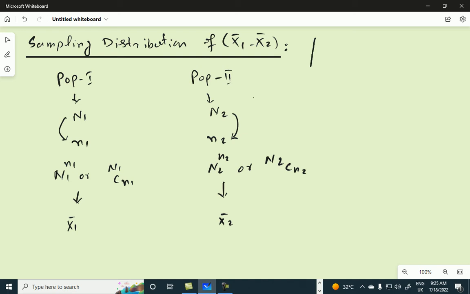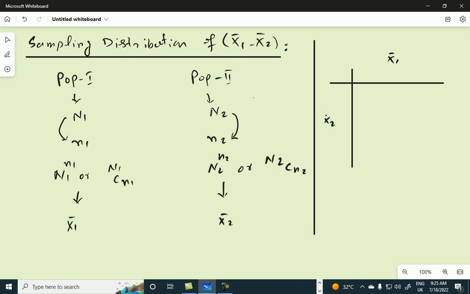If you generate another table, you report x1 bar over here and x2 bar over here. So, you will have so many x1 bars and so many x2 bars.